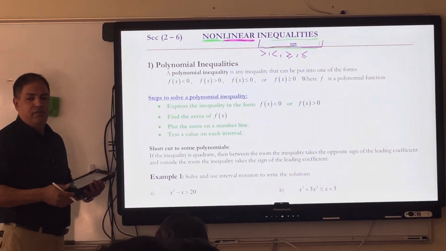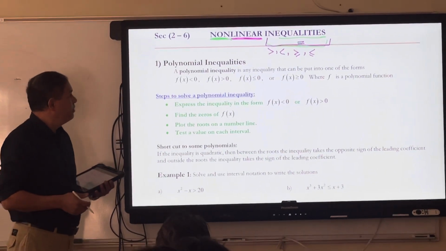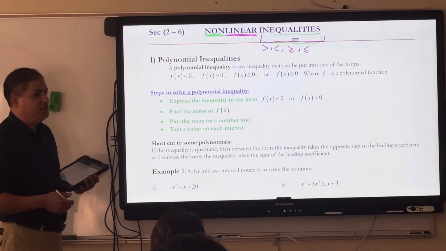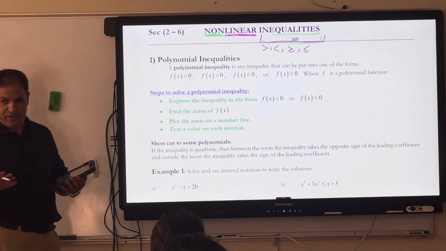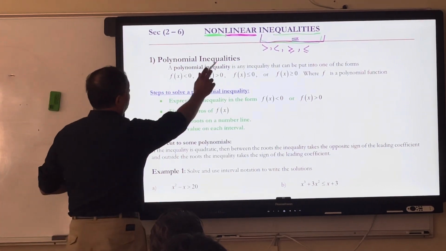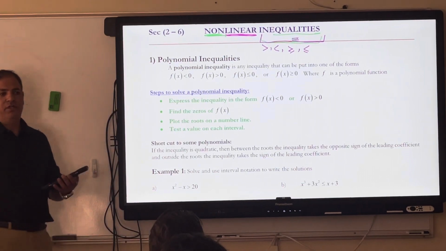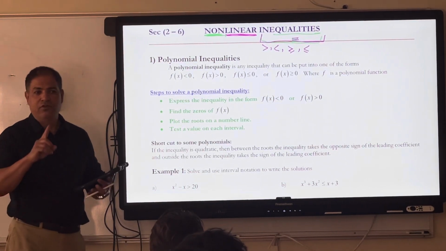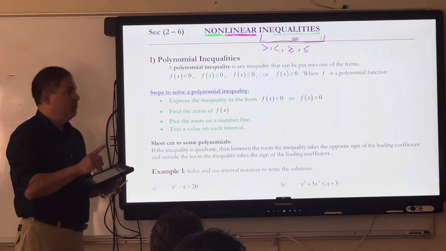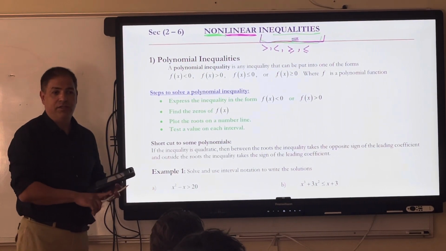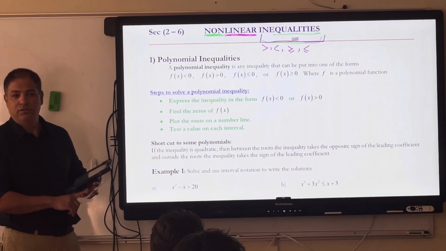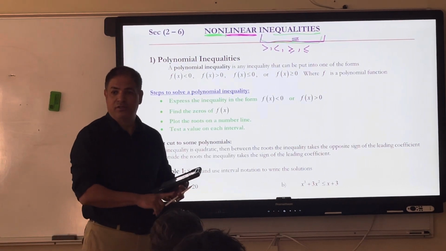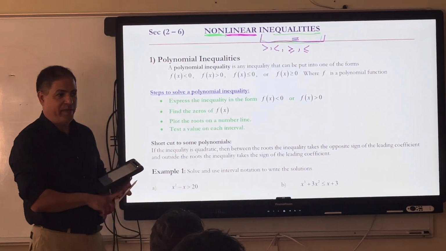Now there is a specific type of non-linear inequalities that we're going to study in this section: polynomial inequalities. Because inequalities can be polynomial, quadratic, trigonometric, logarithmic, or exponential.